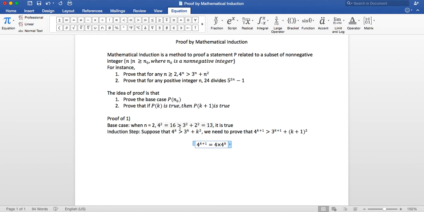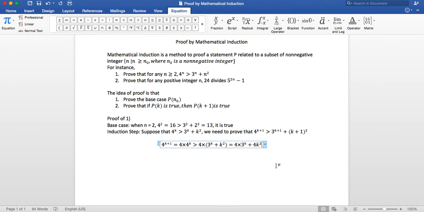Now, by your assumption, this will be greater than 4 times 3 to the k power plus k squared. Okay? Now, this step is based on your assumption. You assume 4 to the k power is greater than 3 to the k power plus k squared, right? Now, I expand it. So this is equivalent to 4 times 3 to the k power plus 4k squared.